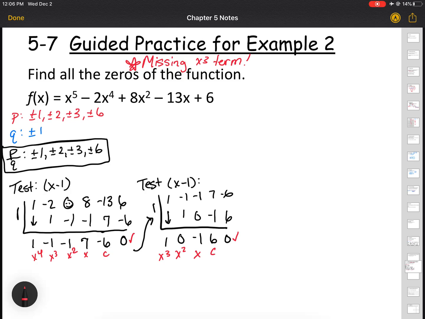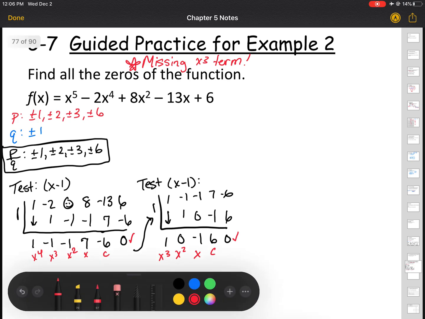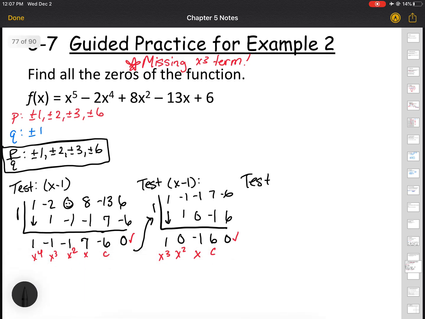And now what I want to do is, if I look at this new resulting polynomial here, x to the third minus x plus 6, if I look at this p's and q's, it's still going to have the same possible factors, 1, 2, 3, and 6, the positive, negative cases. So let me try to test, let's say, x minus 2, which means 2 will be on the outside.